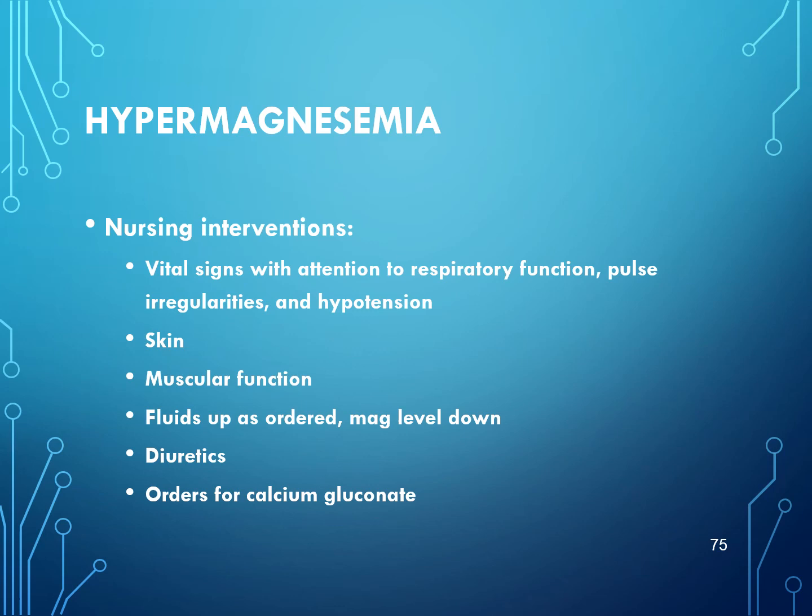Fluids up as ordered, and we want to get the magnesium level down by diluting it. We're going to give diuretics to get it out of the system. So that's a similar way that we treat calcium, right? Very similar to calcium. So with the diuretics, we're going to have the excretion of excess. And what other levels would we want to watch?